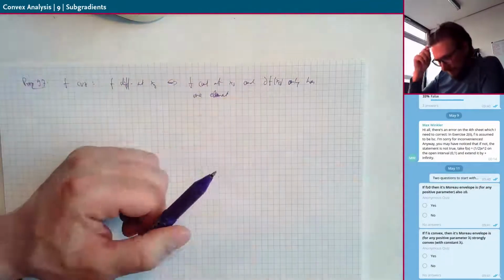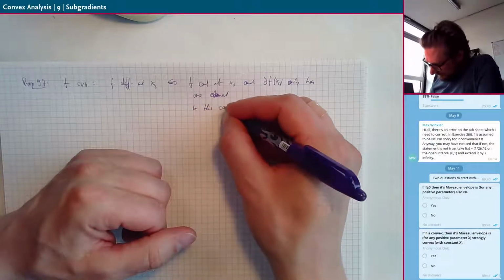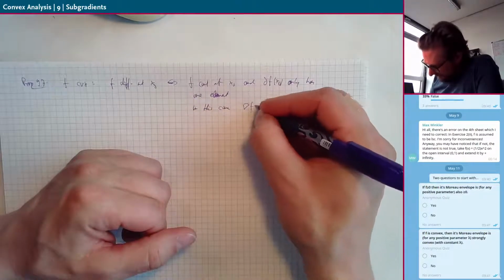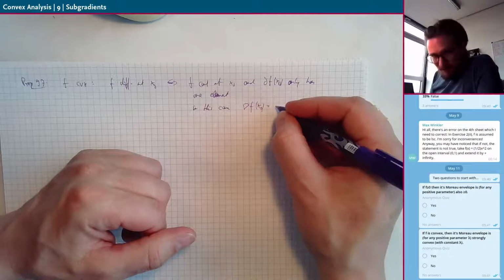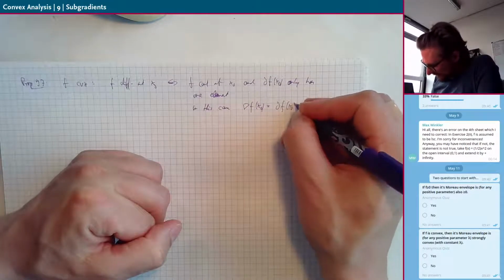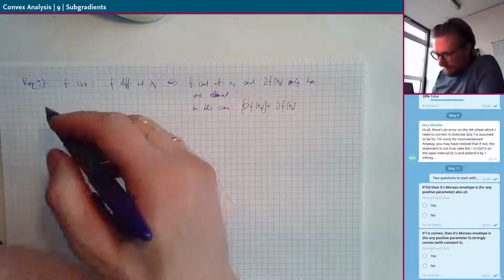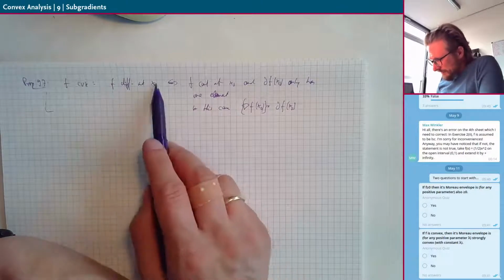And in this case, the subdifferential of f at x0 is the set which just contains the gradient of f at x0. So this direction is obvious.